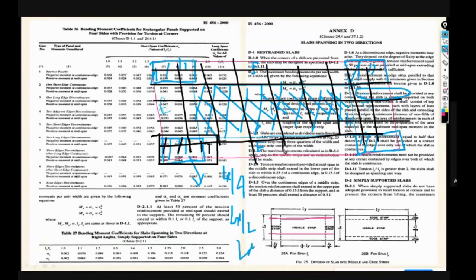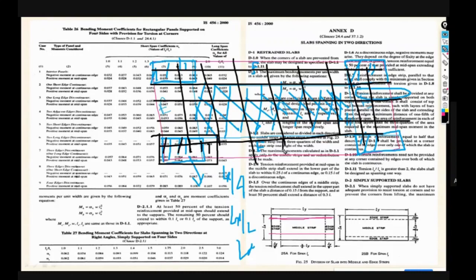Sir, actually, we are already providing extra reinforcement on the beams, extra top reinforcement. Correct, L by 3 square. Generally we are providing extra top reinforcement at the continuous edges.